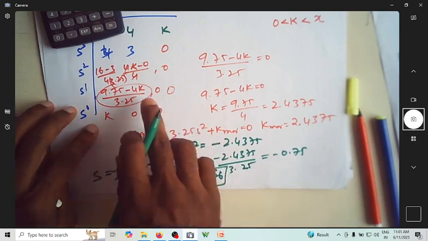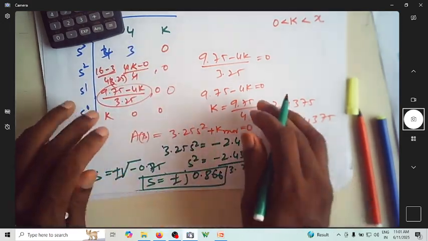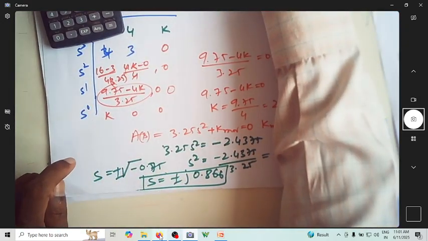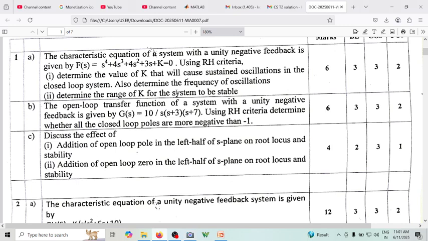This is the frequency at which the system oscillates. So you had two parts: determine the value of k such that it will end up with a sustained oscillation. That value of k is 2.4375 for the first question. The corresponding frequency at which it will oscillate is 0.866 radian per second.